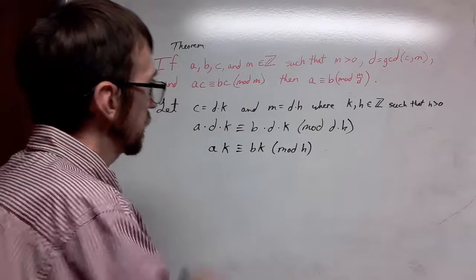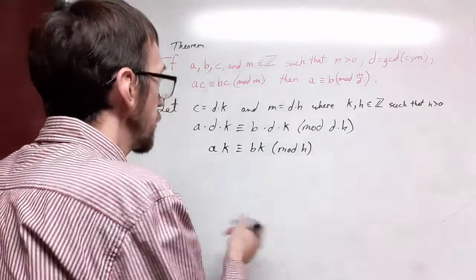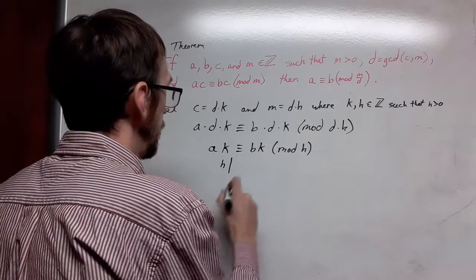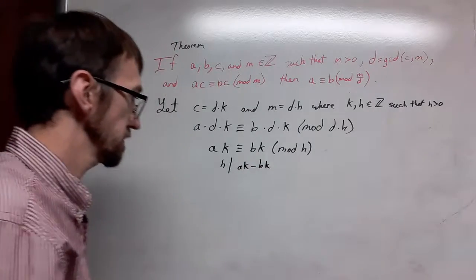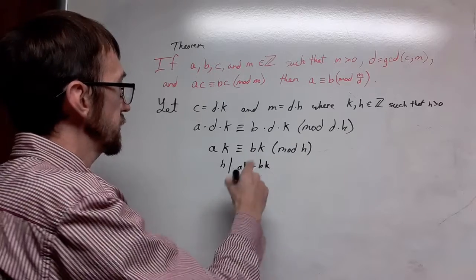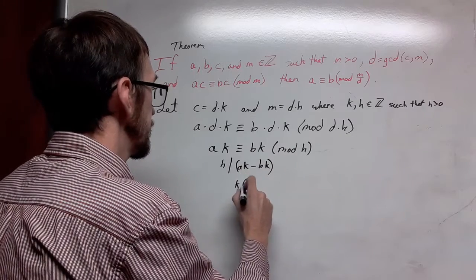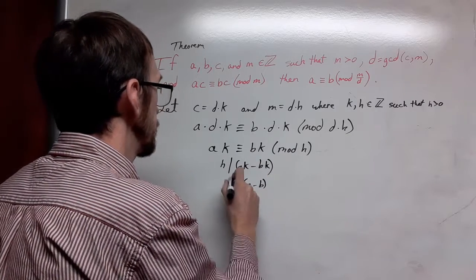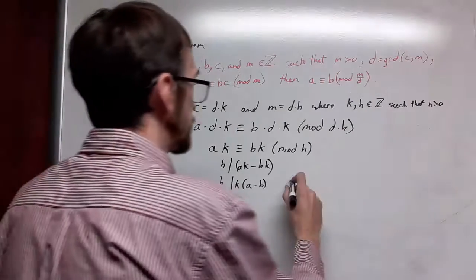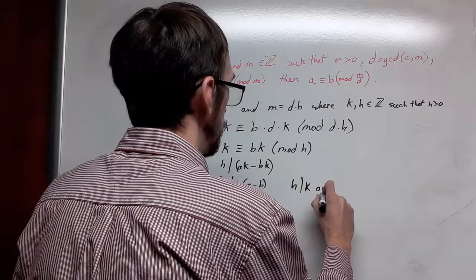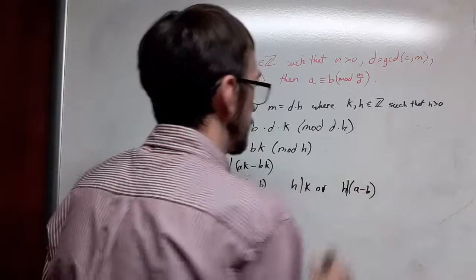So now, by definition of what the modular arithmetic does, we have that h must divide ak minus bk. And factoring this piece here, we see that we can take out the common k and have k times (a minus b). So h divides this thing, which means that h divides k or h divides a minus b.